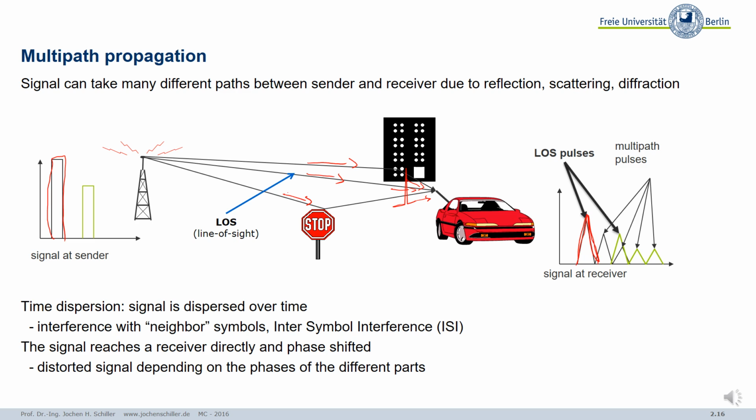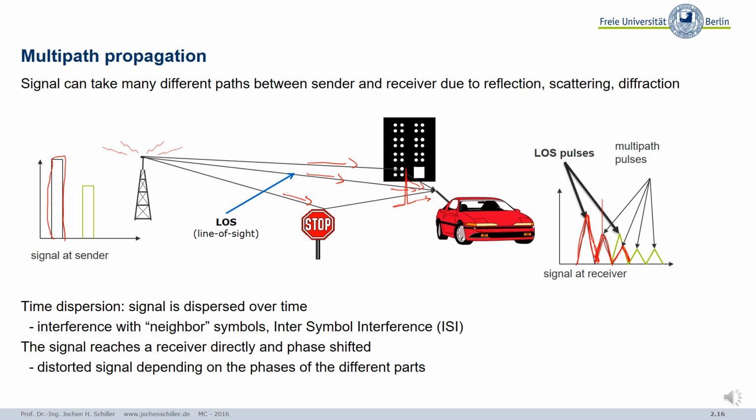Line of sight is always the shortest connection. If there's a line of sight, that's the shortest connection. Okay, so that's the first pulse we receive. And then we receive, in this example, 2 more multipath pulses. So, that's due to the multipath.